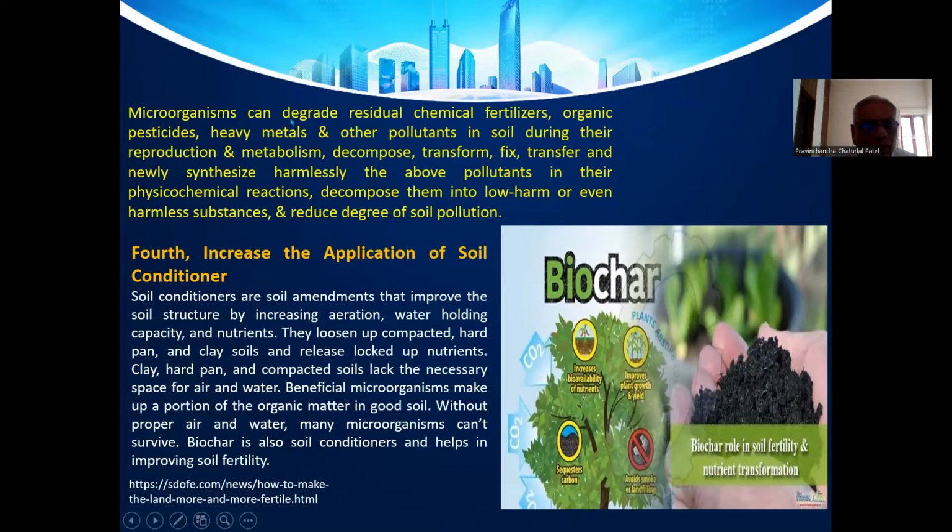So microorganisms help in reducing soil pollution, and we have the problem of global warming. So the role of microorganisms is very important, and you know that many companies have started the production or manufacturing of microorganisms in their laboratory.